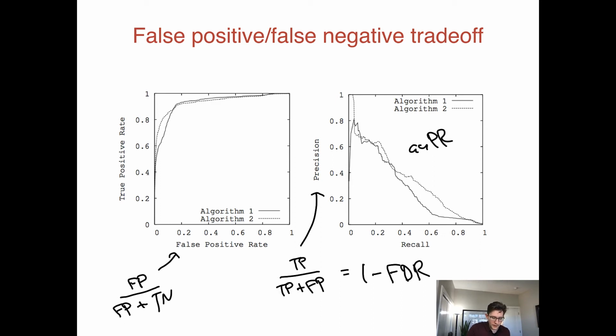That's also called the AP, average precision, where the average is over all the different possible recalls. Again, I think that's almost never the right choice. Very often, if we're doing some kind of search problem, maybe we're willing to accept a set of predictions only if that set of predictions is, let's say, 90% accurate. That is, we don't have any more than 10% false predictions among that set.